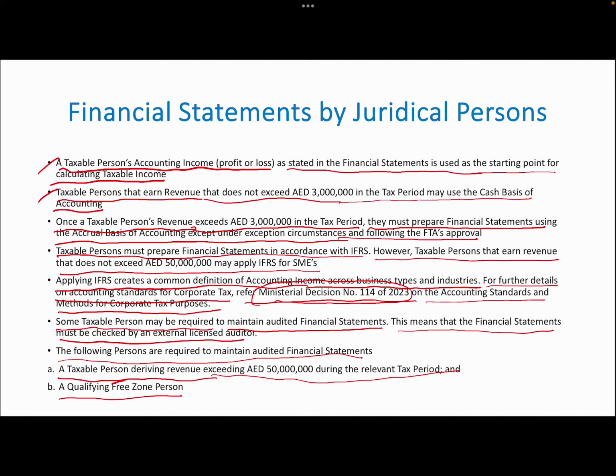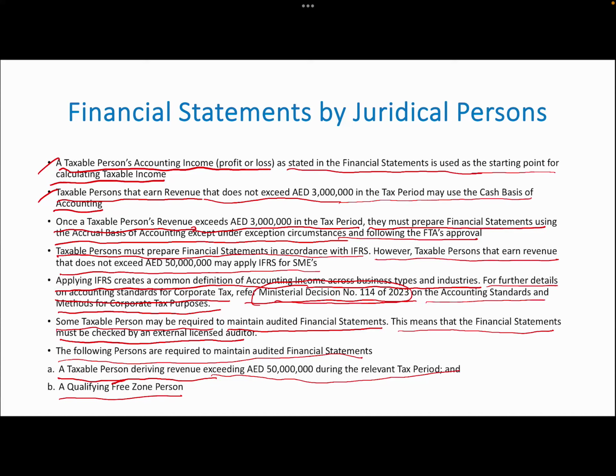Second thing, for companies whose revenue is less than 50 million, the FTA has given an option not to maintain audited financial statements, but to follow IFRS for SMEs. This is the 50 million rule.